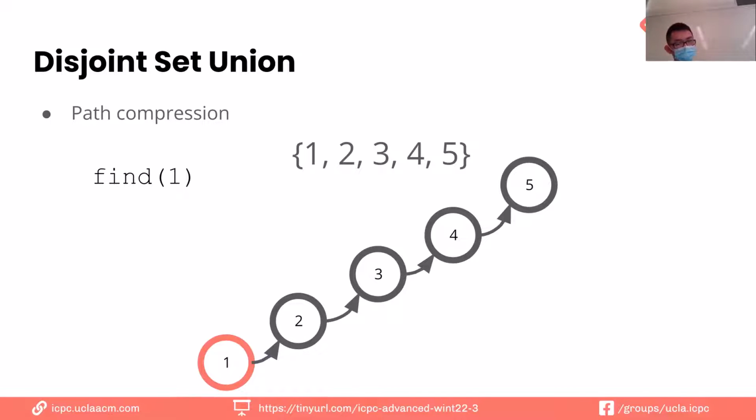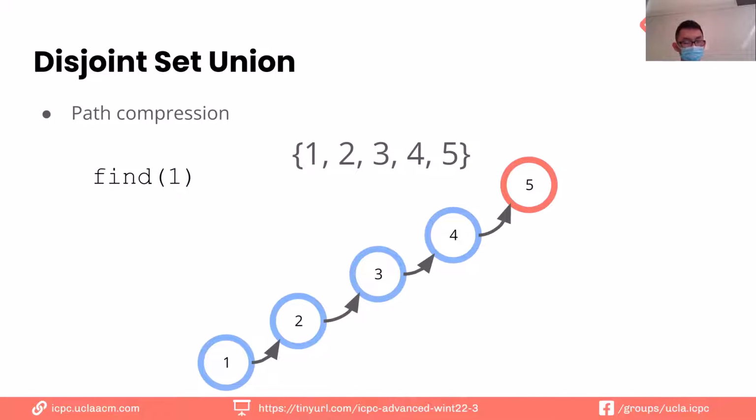And let's talk about a completely different optimization called path compression. So disregard all of the optimizations we just talked about, and suppose we got to this unfortunate chain of representatives, and we are calling find 1. Then it's gonna go down the chain and then propagate back, and it's gonna take O(n) time, which we don't want.